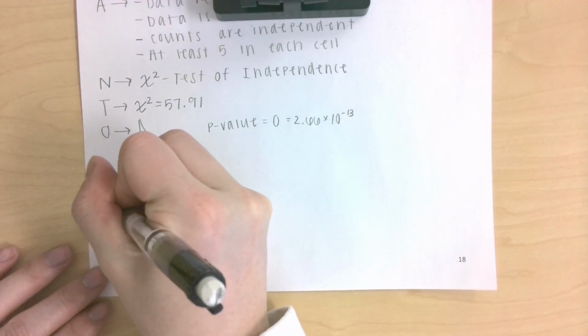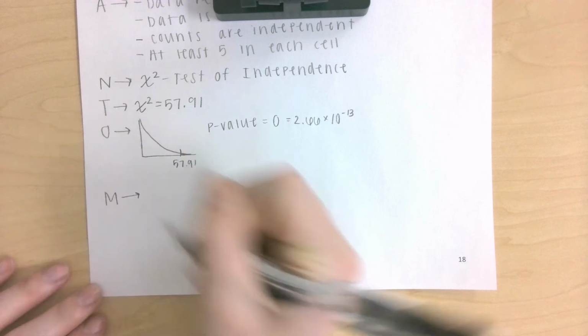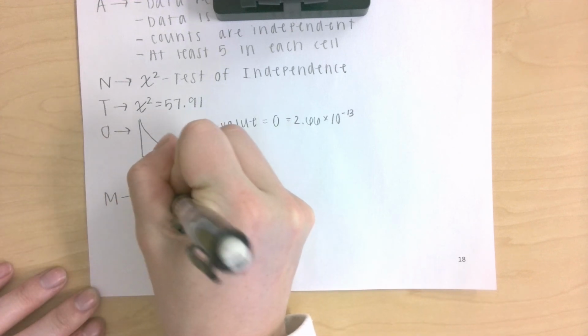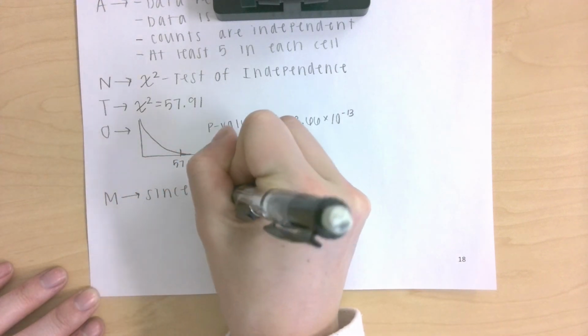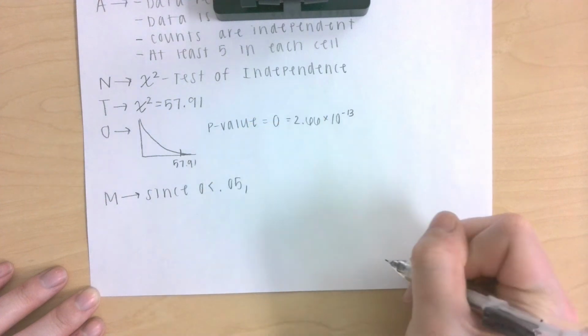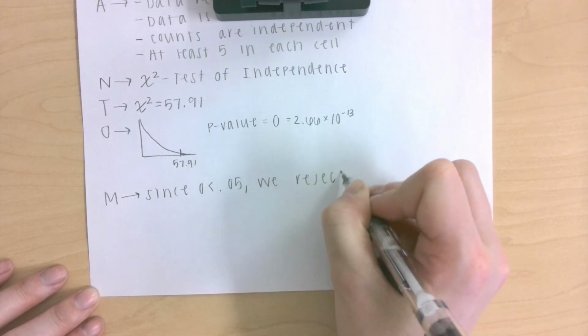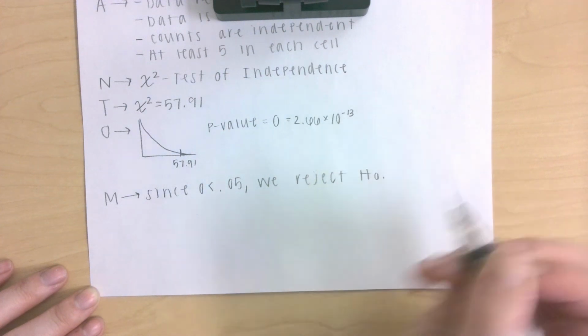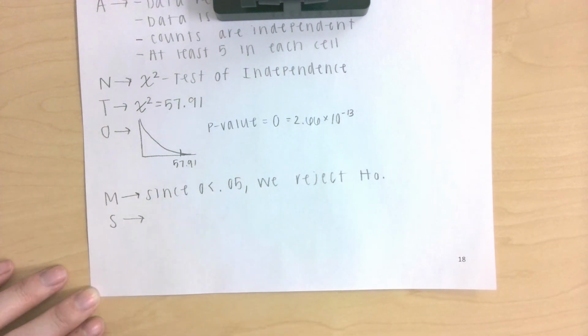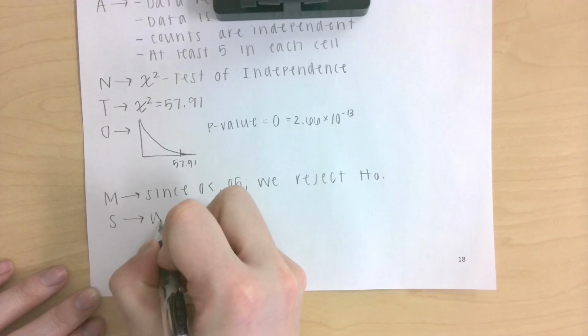Okay, I have a very, very small p-value there. Again, it's essentially 0. So since 0 is less than 0.05, we reject H0. Rejecting means that I have evidence.